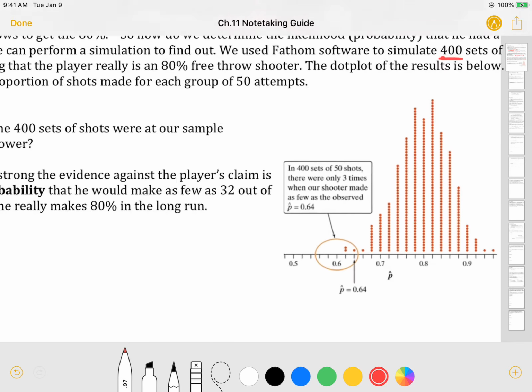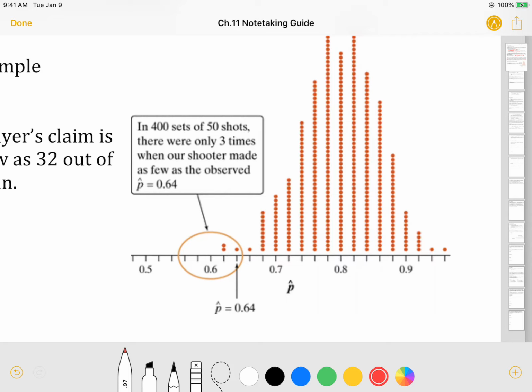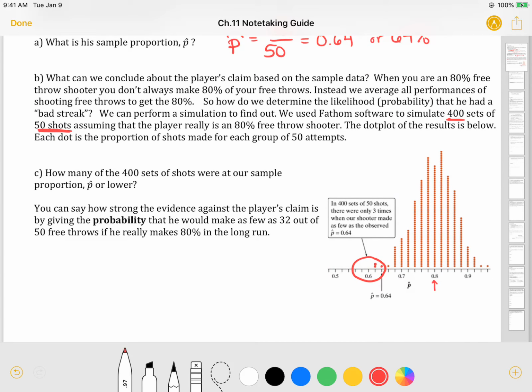Then we look at this sampling distribution and it's centered at 80 because they are what they say they are, an 80% free throw shooter. So if it's true that they're an 80% free throw shooter, then we would see them have a bad streak as bad as shooting 64% or worse. They could even shoot maybe 62%. We have 1, 2, 3 out of the 400 times.